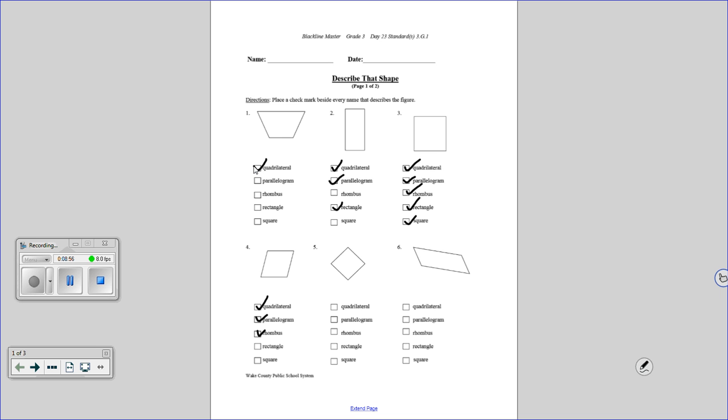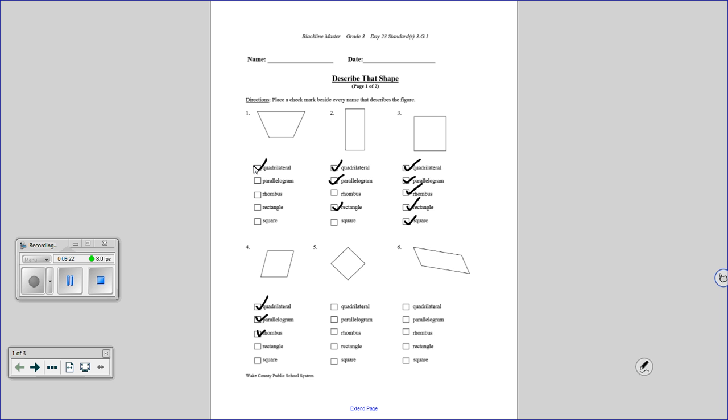Is a rhombus a square? Yeah. It's a very special square. No. Think about what I'm asking. Is this rhombus a square? Tatiana? No. Why? Because a square has 4 square corners. Does that have 4 square corners?